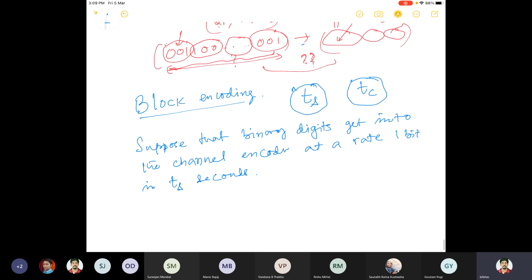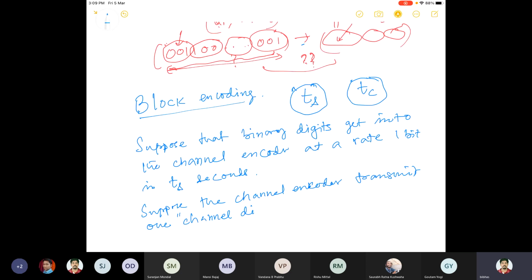And let me define my TC. Suppose the channel encoder transmits one channel digit.